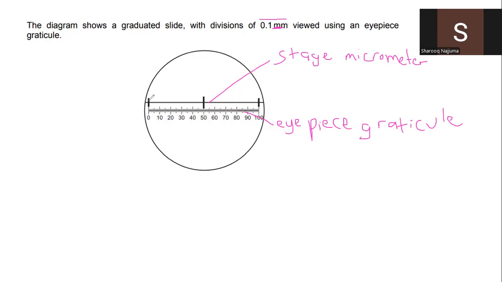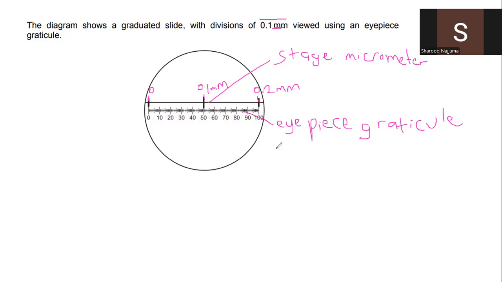That means that if I consider this division to be 0, the next will be 0.1 millimeters, and then the next will be 0.2 millimeters. Between each division, the size is 0.1 millimeters. After noting that, can't I calibrate this eyepiece graticule?